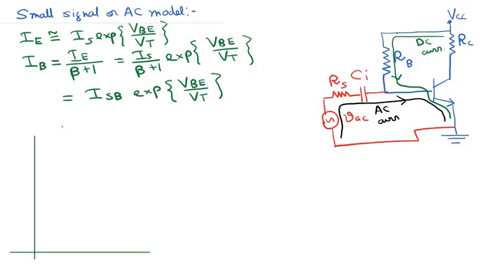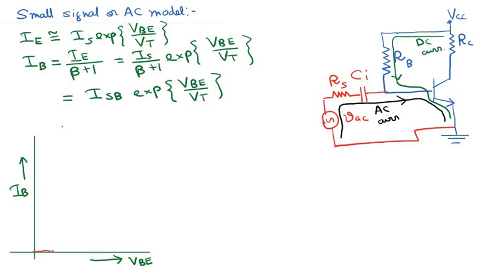So this x axis, or the horizontal axis over here, is VBE, and this y axis over here is our base current IB, and this increases exponentially with VBE.